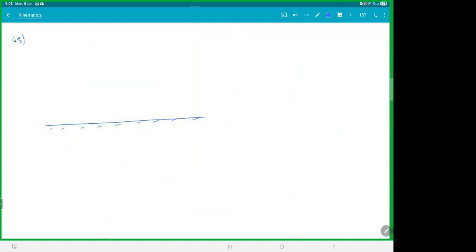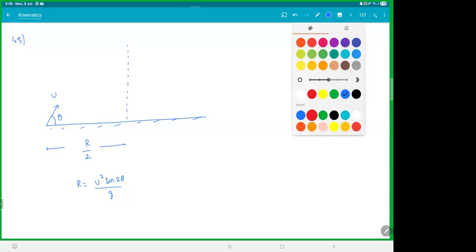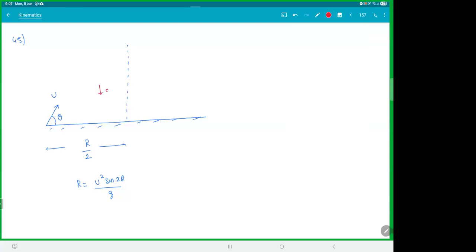So we have a particle projected with speed u and angle theta. So we got some weird planet here at a distance of r by 2, that is half of your range, where r is equal to u square sine 2 theta by g. So the gravity on the left-hand side is g, and the gravity on the right-hand side is 2g.